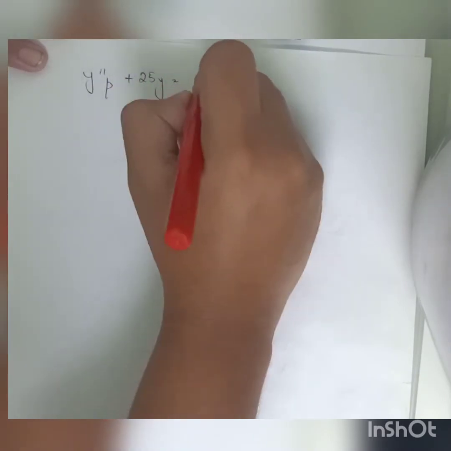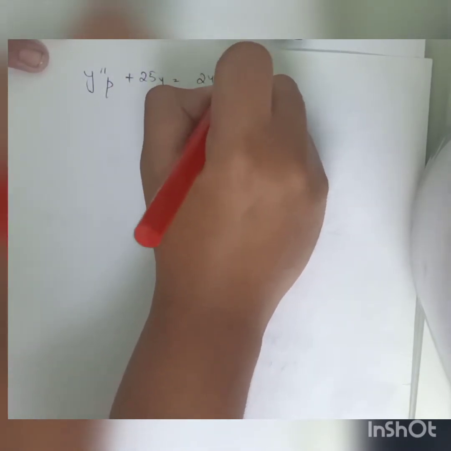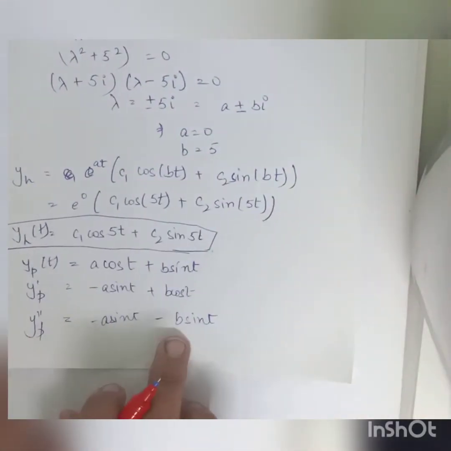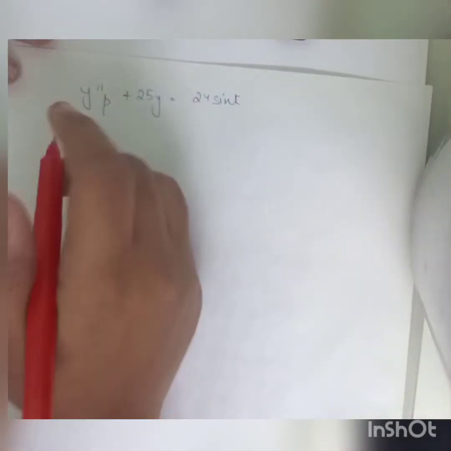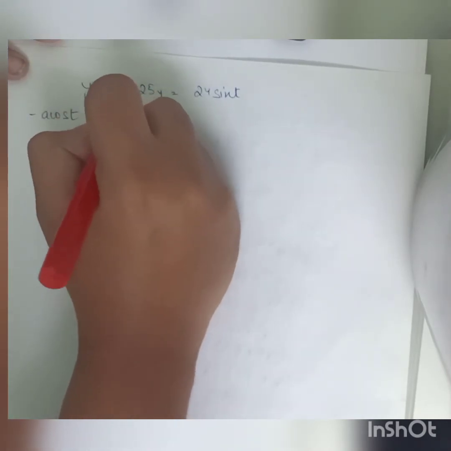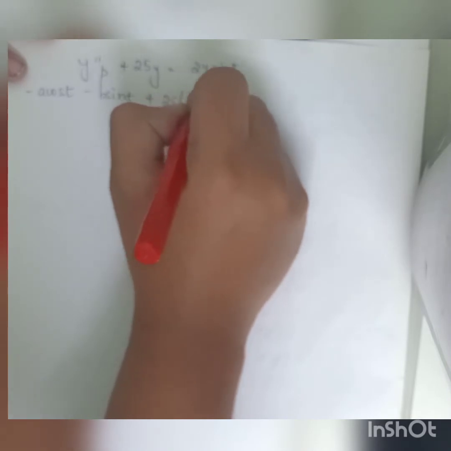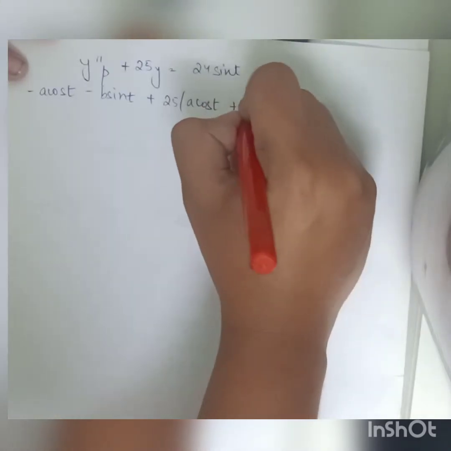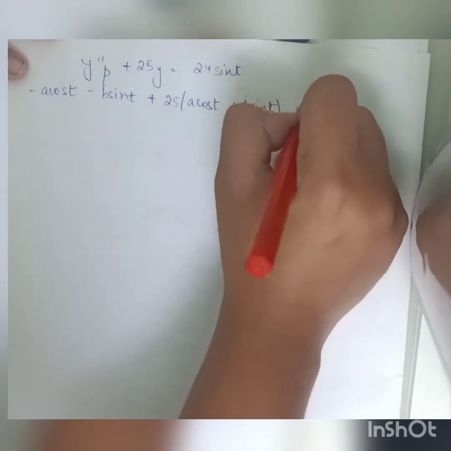Okay, so if we use it in yp double dash plus 25 yp is equal to 24 sin t, and we do the substitution over there, we get minus a cos t minus b sin t plus 25 times a cos t plus b sin t is equal to 24 sin t.